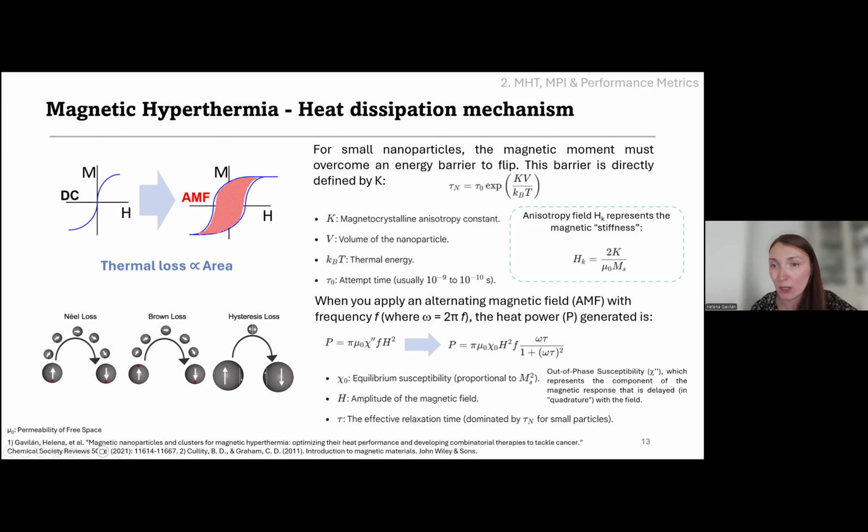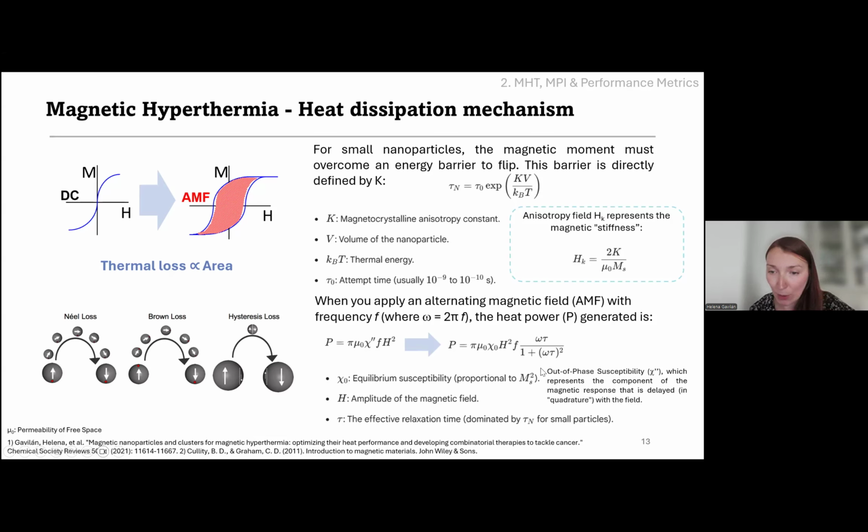So we have to keep these two formulas in mind when trying to tune the magnetic properties of nanoparticles. Then once we apply an alternating magnetic field with a frequency f, we have the angular frequency, and the power generated, the heat generated, is defined by this formula.